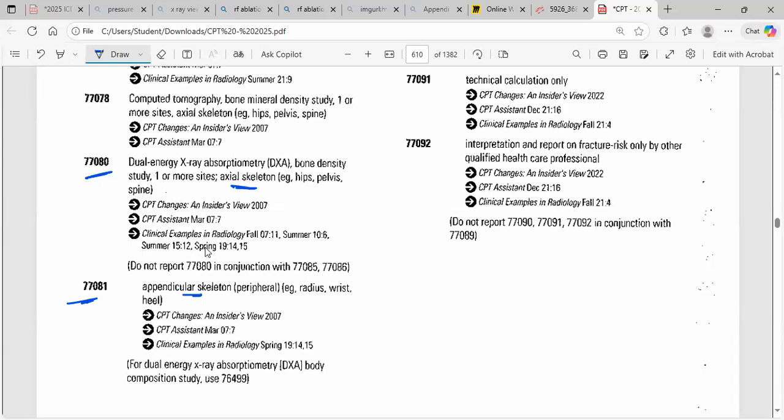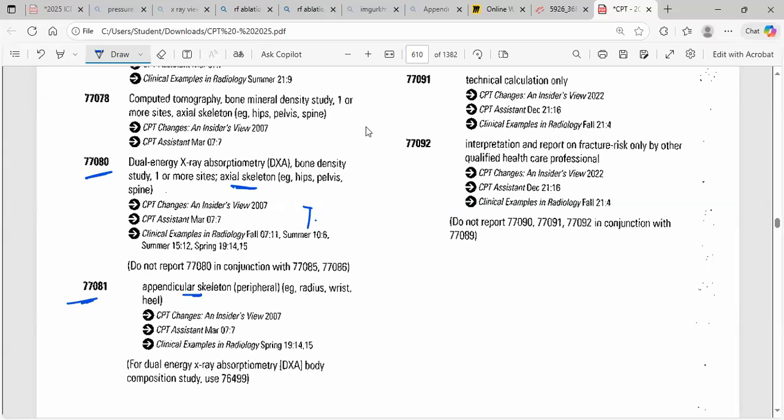This is basically a bone density study, which is mainly performed to identify osteoporosis or osteopenia. And with the help of DEXA, we can get the T scores. If the T score is between -1 and -2.5, it will lead to osteopenia, and if it is below -2.5, we are going to consider it as osteoporosis.